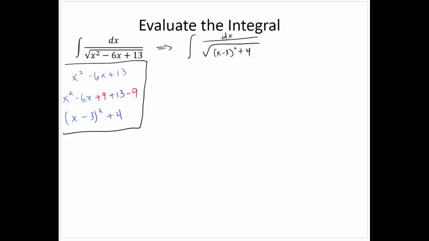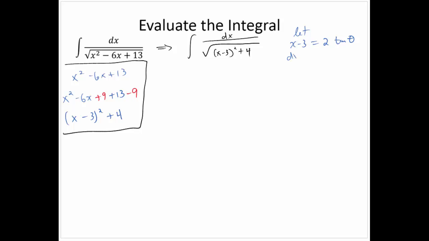So now I'm going to make the substitution. Now, it's not an x squared plus 4, it's an x minus 3 squared plus 4, but I can make the same substitution that I would. I'm going to use, let x, instead of x, I'm going to make it x minus 3. Let x minus 3 equal 2 tangent theta.